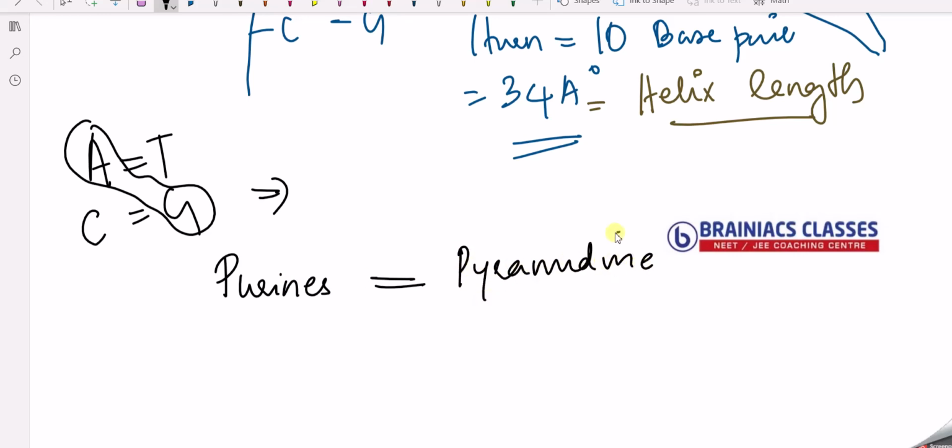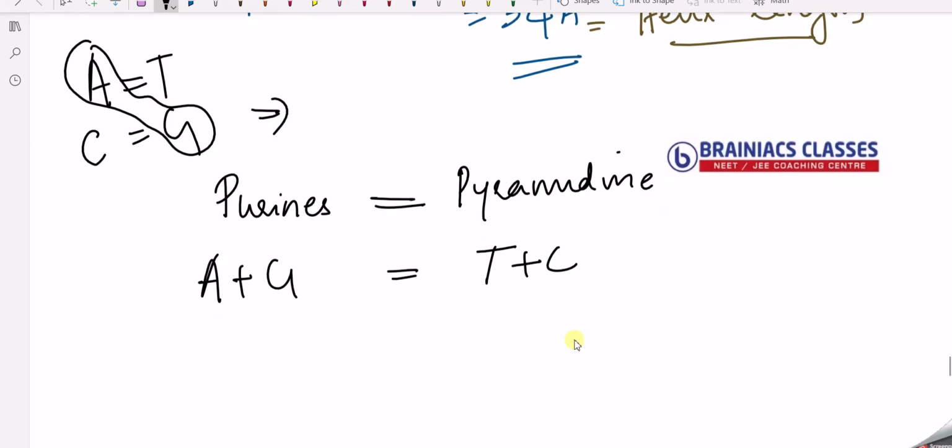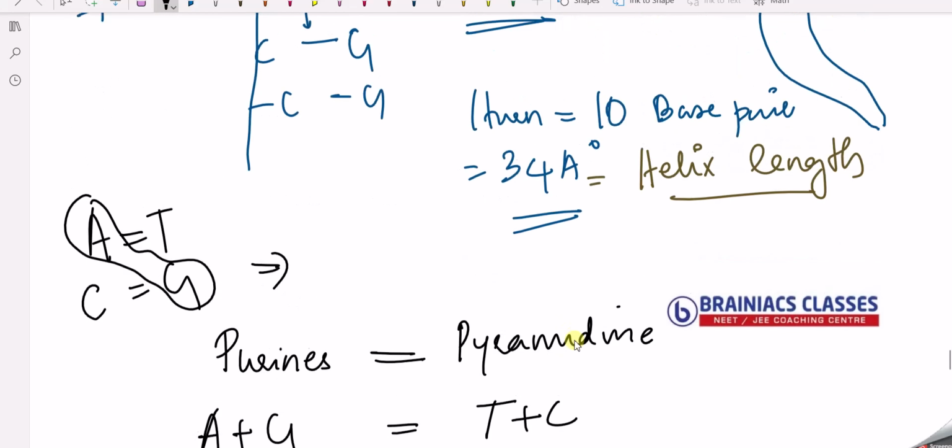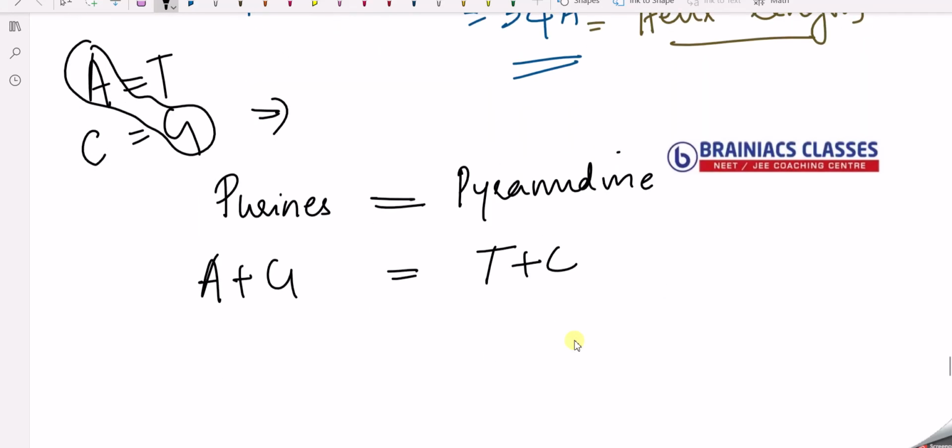That means the number of adenine plus guanine will be equal to thymine plus cytosine. Am I right?